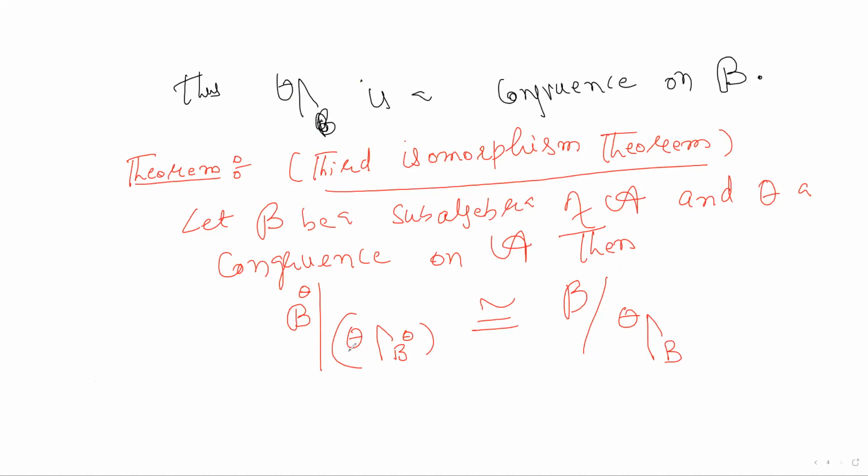Now I have to define a mapping from here to here, which is an isomorphism. So let us see how I do it.